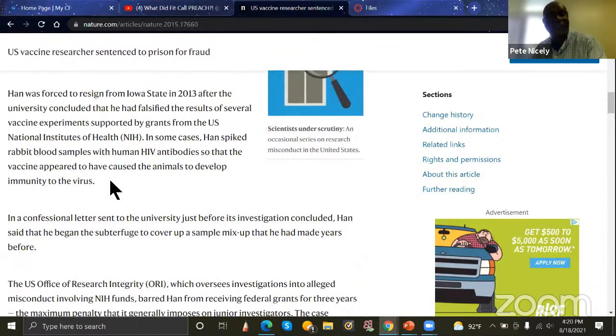Unfortunately, it's a relatively common thing for some researchers to do things like what he did. But usually the punishment is that if somebody's found guilty of that kind of fraud, they're not able to apply for any more research money for a given amount of time.